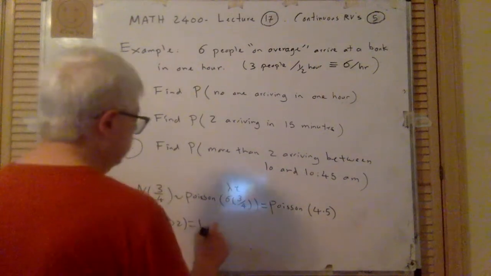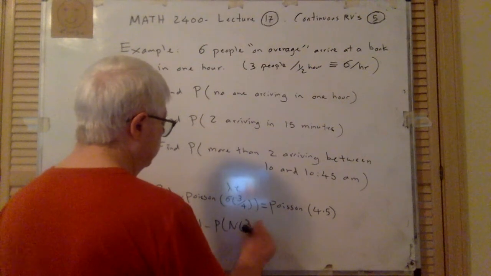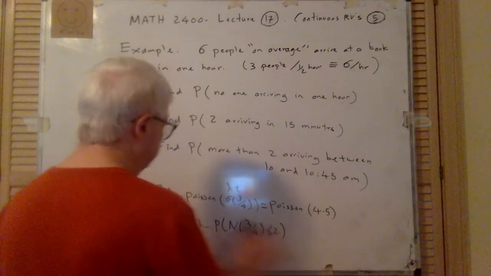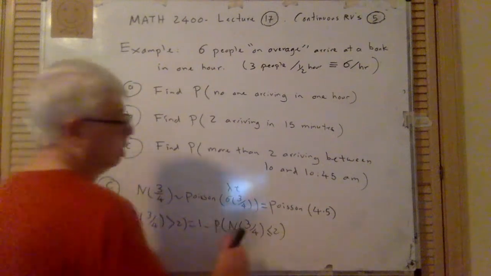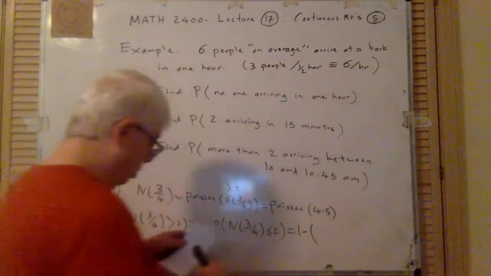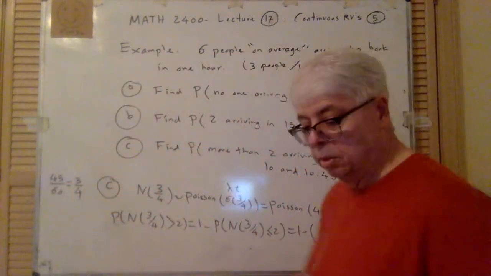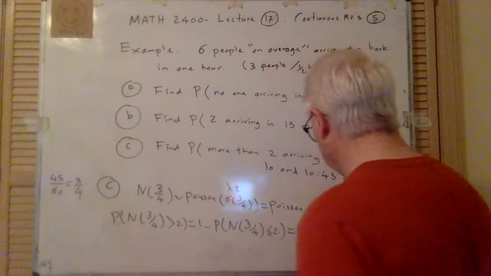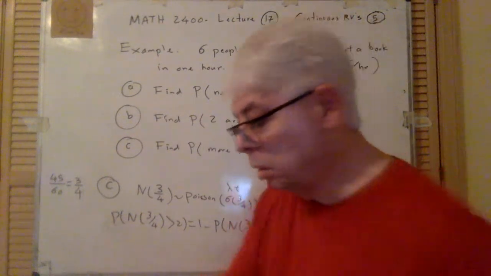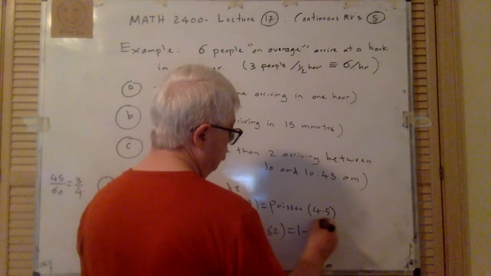So that's 1 minus P of N of 3/4 less than or equal to 2. You see, this is more than, so that's less than or equal. So that's 1 minus, I just write the e to the power minus 4.5.